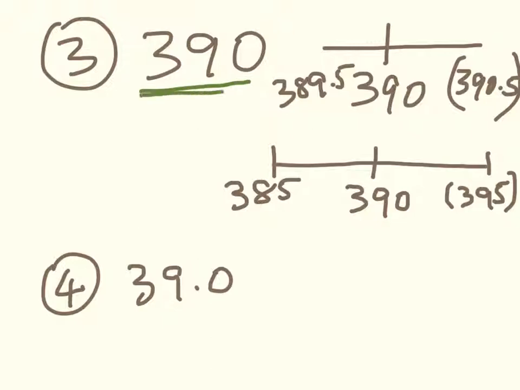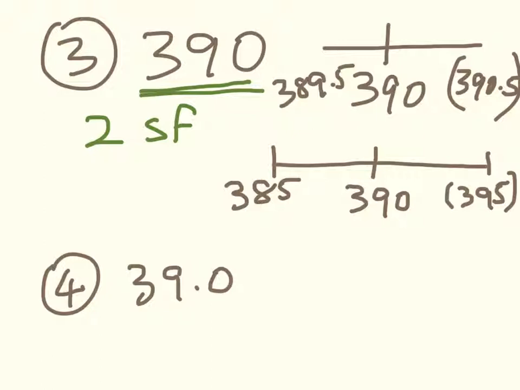So 390 has 2 significant figures, unless we have some information from the context to tell us that it is exactly 390 people, not 391 or 389.